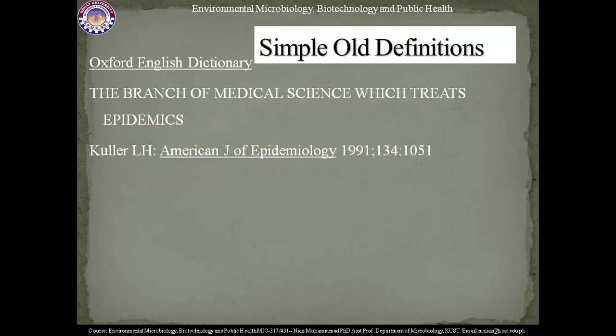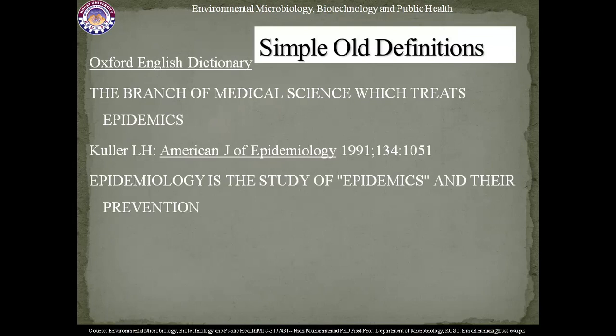And the American Journal of Epidemiology in 1991 says that epidemiology is the study of epidemics and their prevention. That is, epidemics happen in a population in any season, and how we can prevent this type of problem in any society or in any population. This definition is given by the American Journal of Epidemiology.